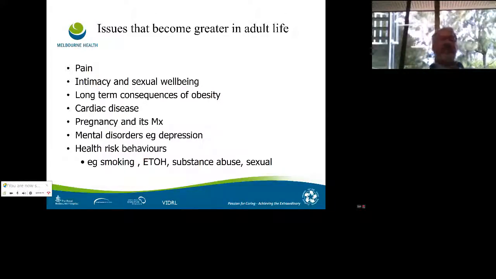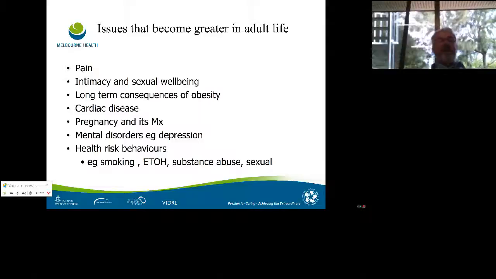So just getting on to issues that become greater in adult life. Pain is an issue, intimacy and sexual well-being, obviously. A large percentage of these patients are obese, and they have the long-term consequences: skin, cardiac, pulmonary. Obviously, pregnancy becomes an issue for females.